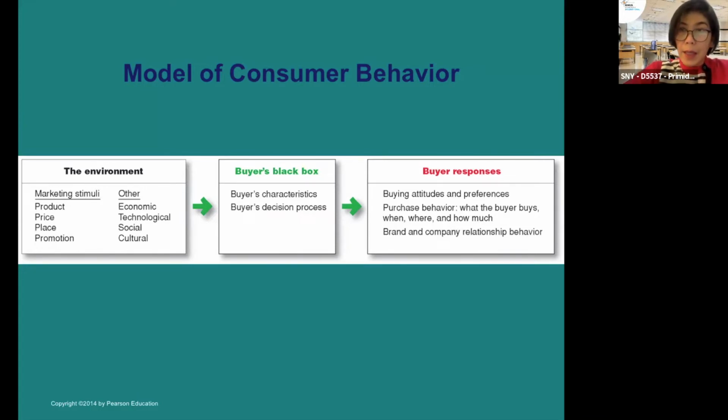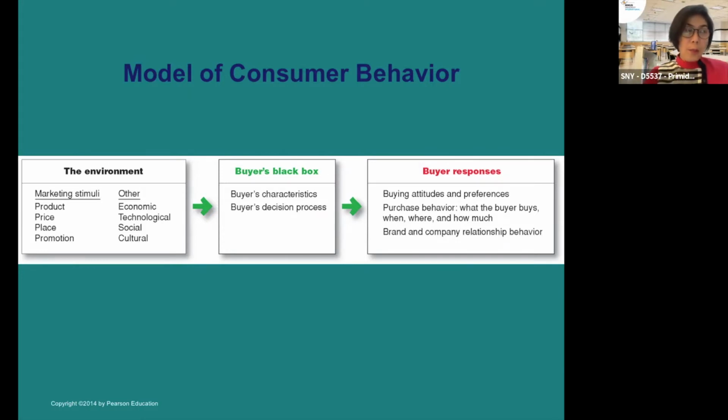So the marketing stimuli would include product, price, retail services, stores, how the product is distributed, placed, how the product is advertised, that is promotion, how the social media for that particular product is designed and delivered. Those are all the marketing stimuli, which means that these stimuli come from the marketing or the company or the firm.